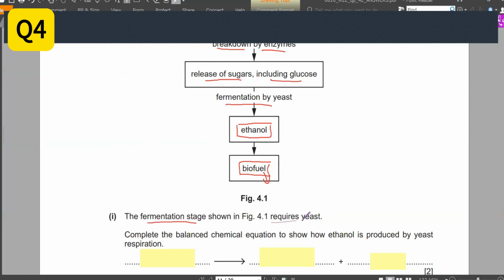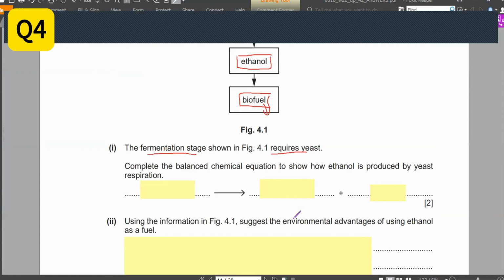The fermentation stage requires yeast. Complete the balanced chemical equation to show how ethanol is produced by yeast respiration. You may recall this is about the anaerobic respiration of yeast, which will produce ethanol.